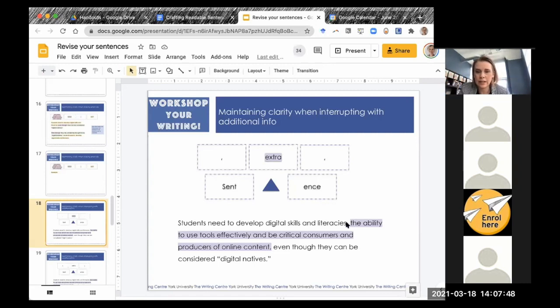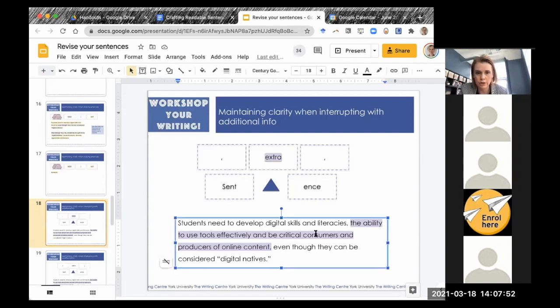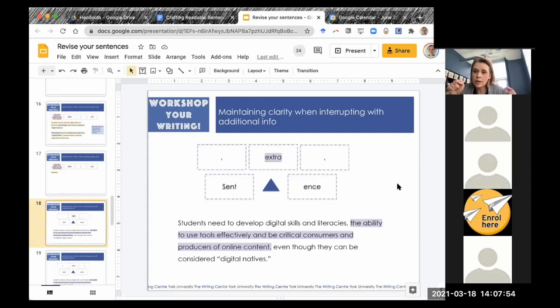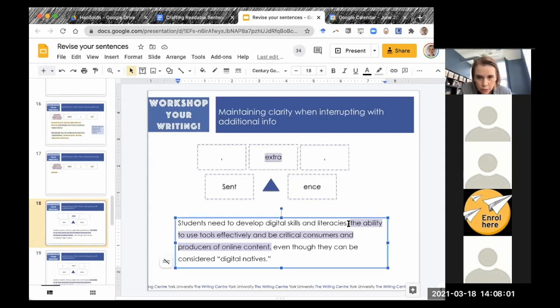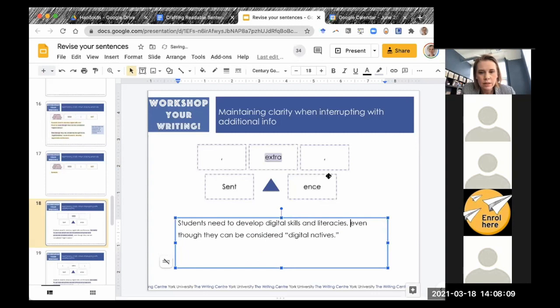So as I did in the example of Venus, and as this example is doing here, we're using commas on both sides to add extra information. So let's just read this without the addition to make sure we have a simple sentence. So I'm going to cut that out.